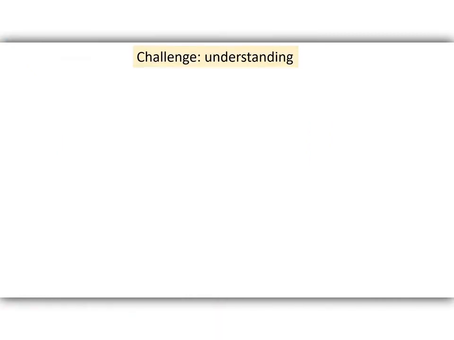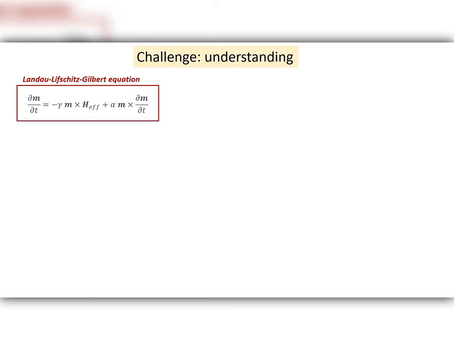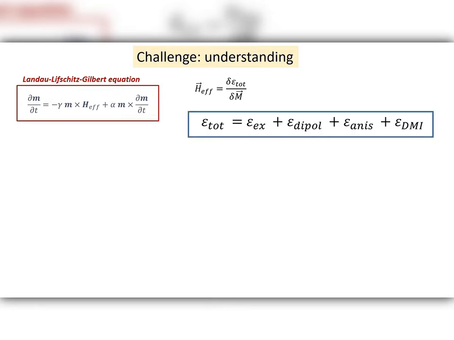To interpret the Skyrmions or any magnetic structure on the nanoscale, we looked at the basic equations. Everyone knows the LLG equation. Here the main value is the effective field, and the effective field depends on energy terms, normally 4: exchange, dipole, anisotropy, and DMI.